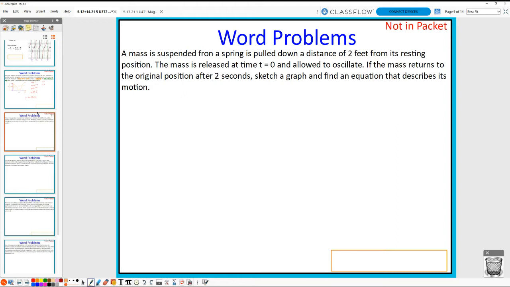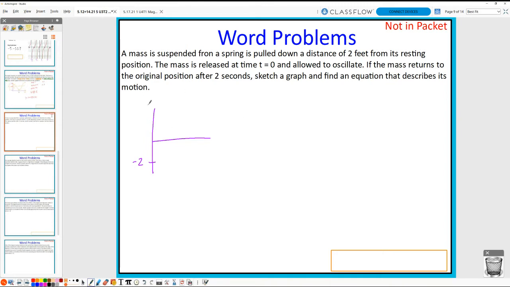And I'm being pulled downwards 2 feet below where it should be, right? So this tells me already that I'm going to be starting at a minimum, because the mass is released at time 0 and allowed to oscillate. So off the bat, that's the wrong kind of graph because I do need a negative 2, because I know I'm starting at negative 2 here.